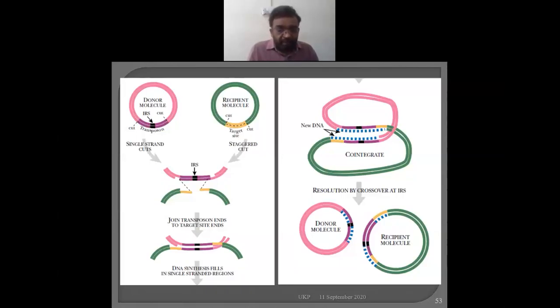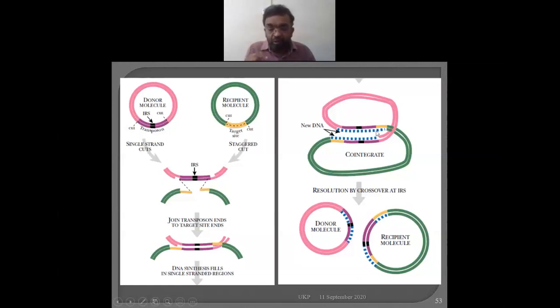But what happens here? One strand is associated with this and this strand is associated with this, meaning the other strand is not there. Here there is a gap. Hence there should be synthesis of a new DNA strand.